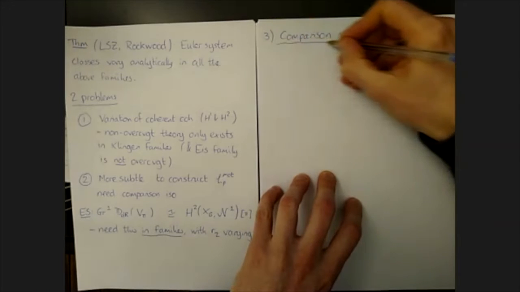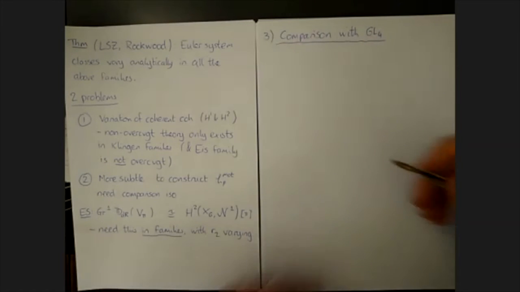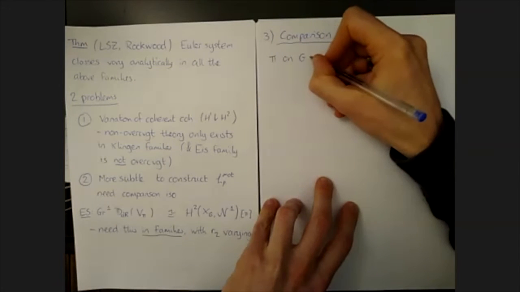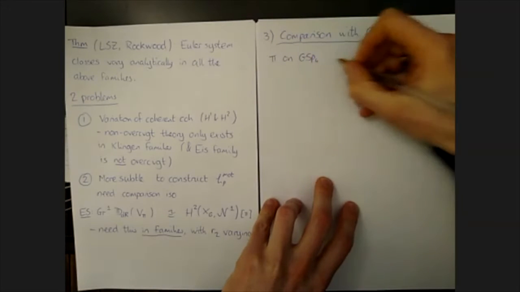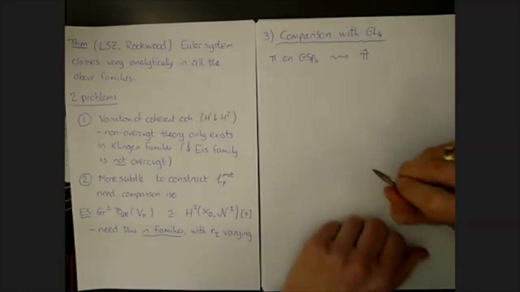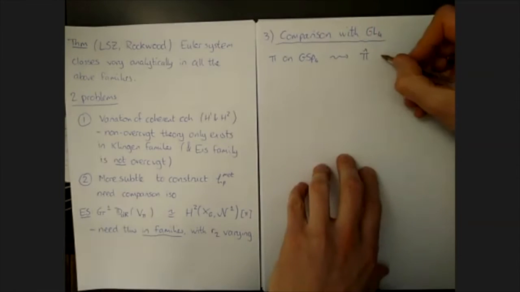And what we're going to do is we're going to make a comparison between objects on GSp4 and objects on GL4. I don't know a good notation for this. I can't draw capital Pi's, so I'm going to make it be pi hat.